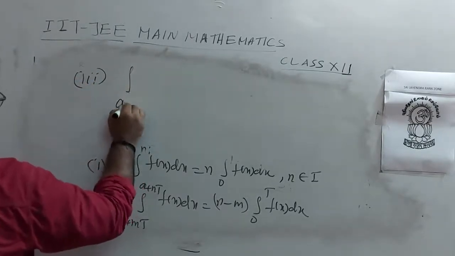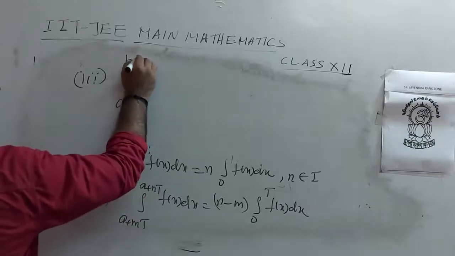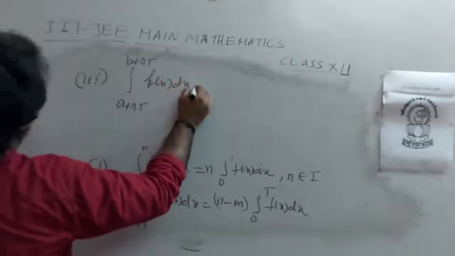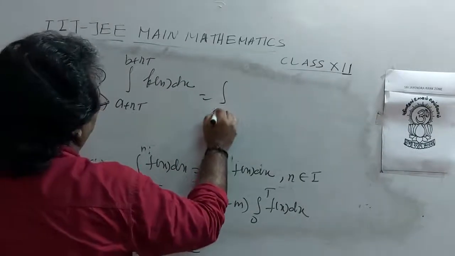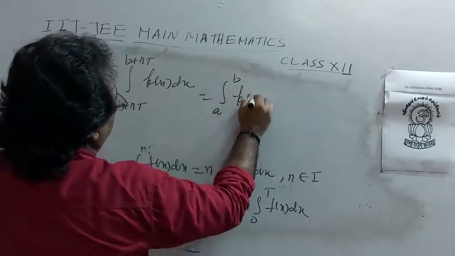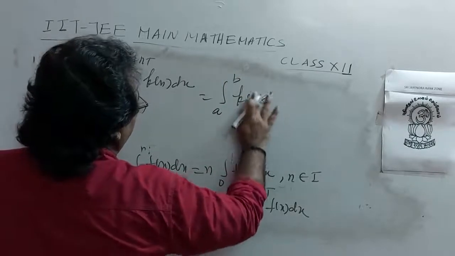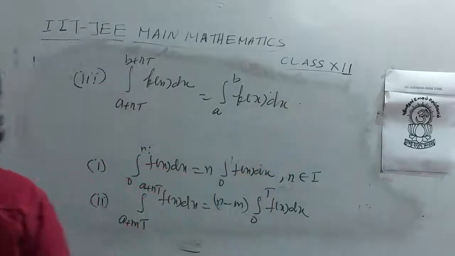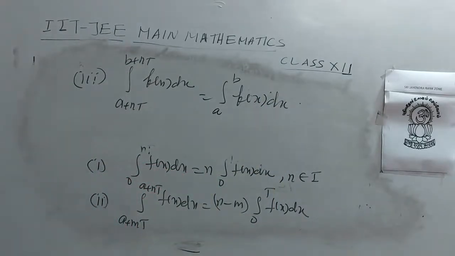Also, integral a to a plus nt f of x dx, and integral b to b plus nt f of x dx, equal integral a to b f of x dx.